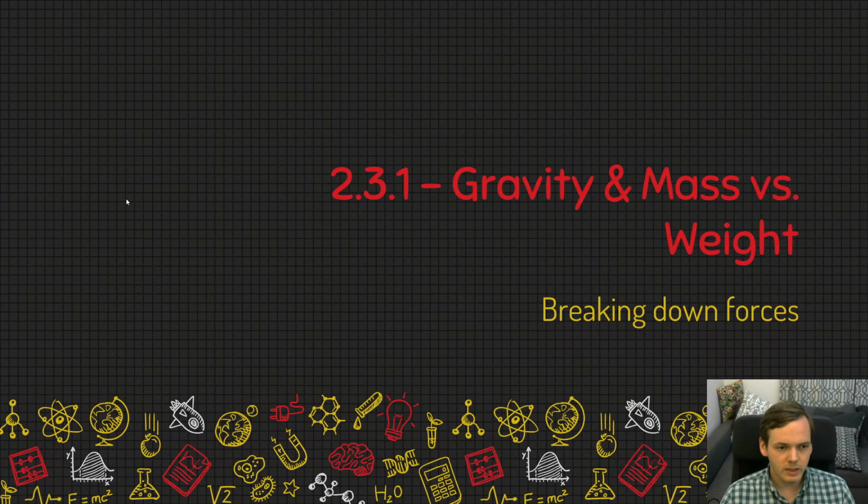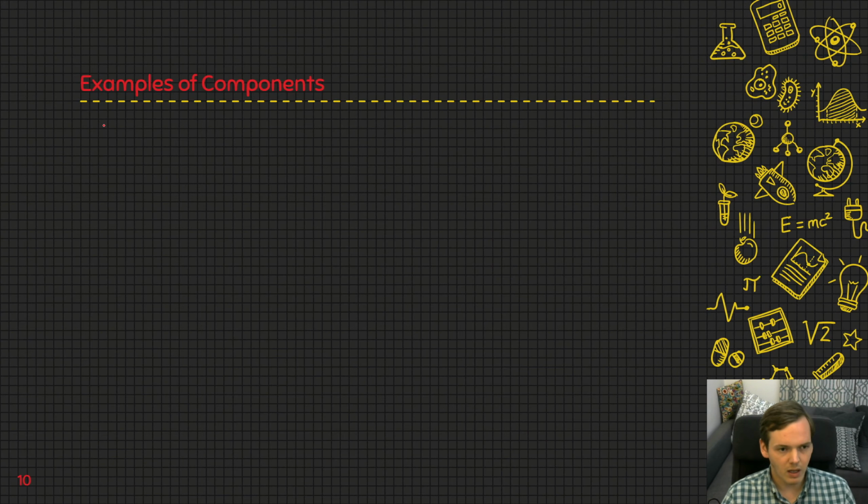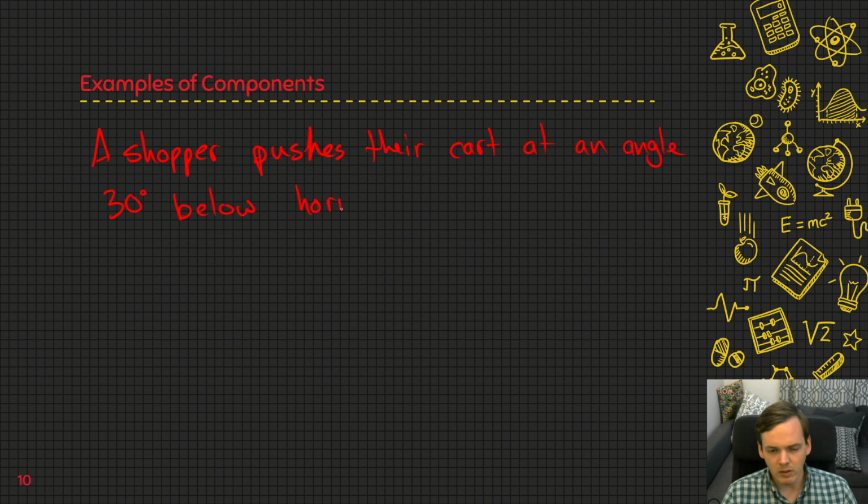So as just a quick example here, a shopper pushes their cart at an angle of 30 degrees below horizontal.